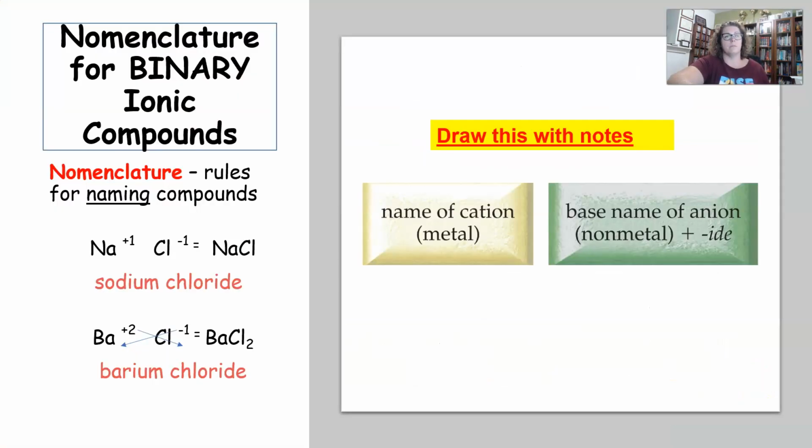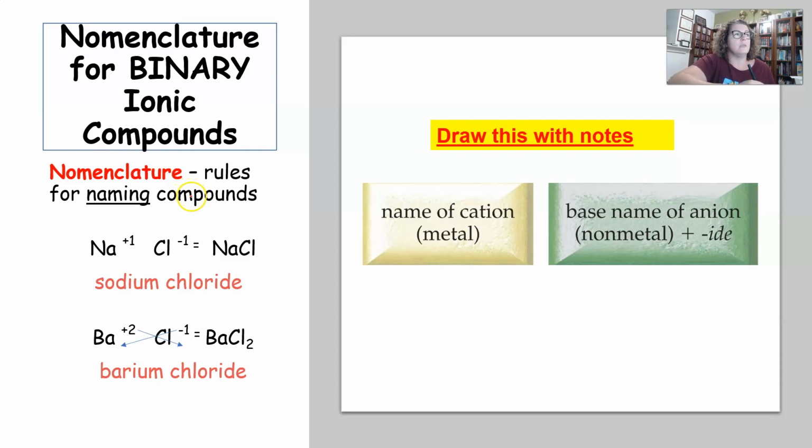Okay, very simple. When you name them, you have to remember the atom that gained to become an anion changes the ending to -ide. This is called nomenclature. Nomenclature is a fancy word that chemists use for naming compounds.